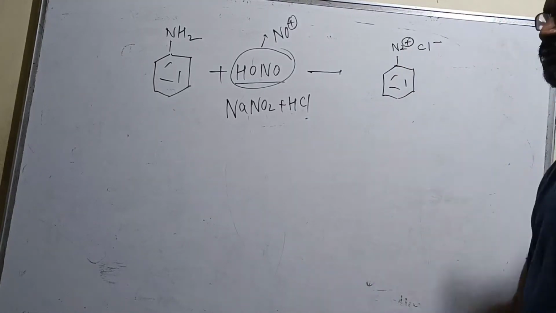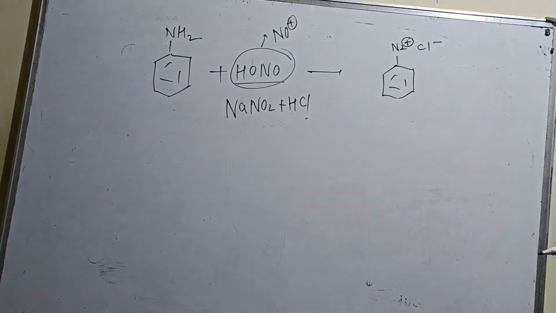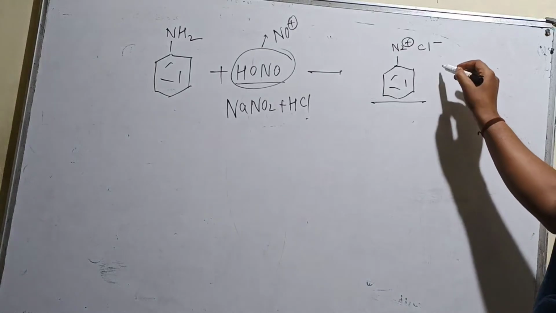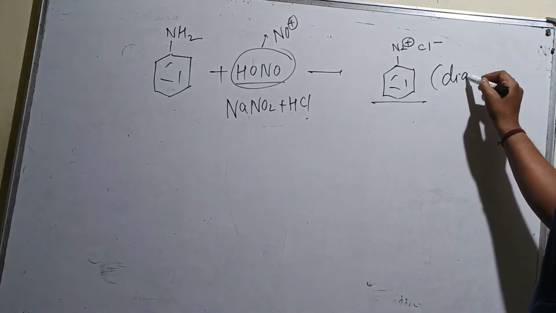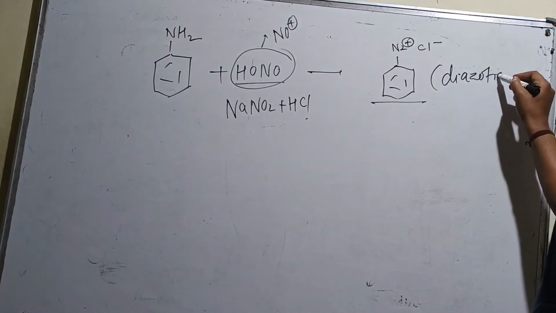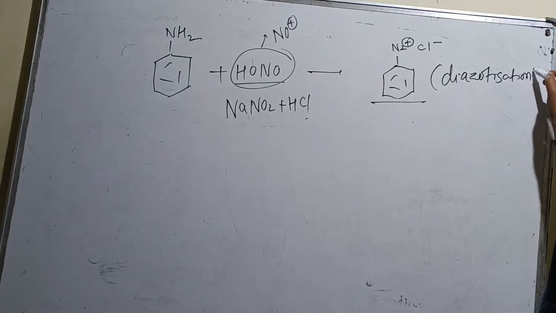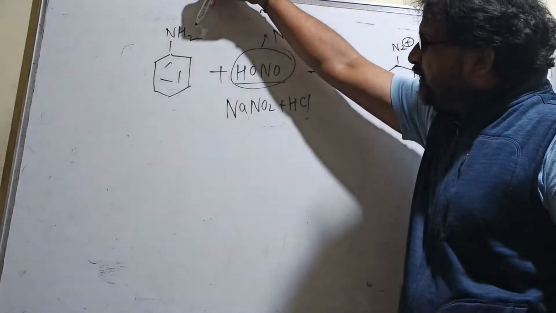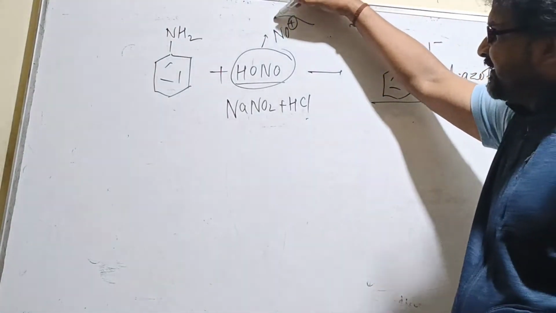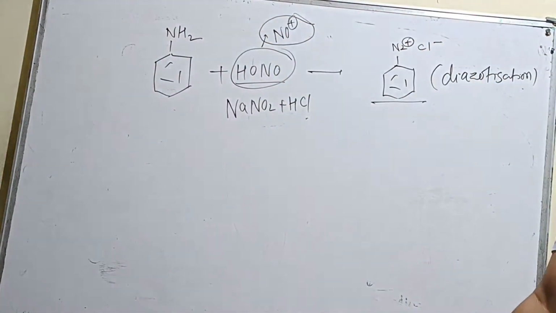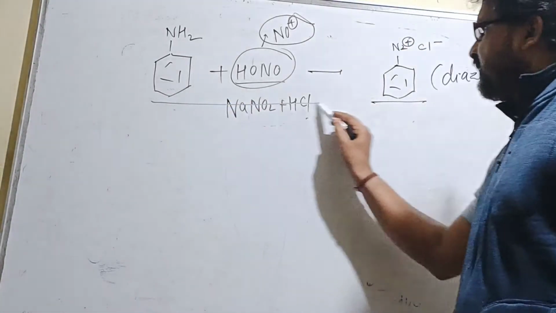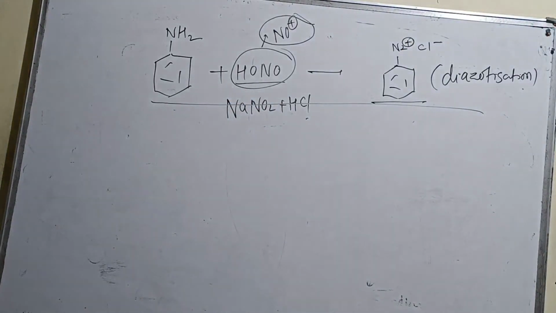The reaction of the diazonium salt will be very important. This process is known as diazotization. Quickly, what questions can be asked? What is the attacking species? It is the nitrosonium ion, and this process is known as diazotization.